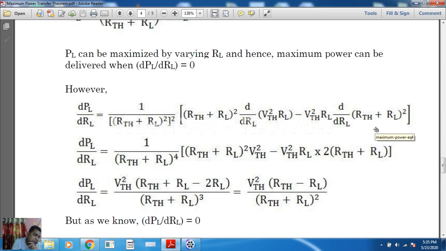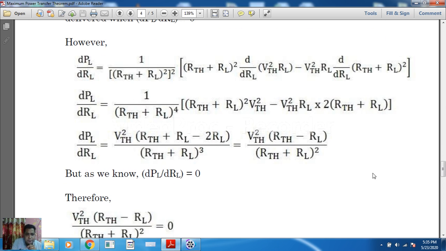The power 2 comes down, the power becomes 2 minus 1, that is 2 to the power 1, and the derivation of the inside RL gives us 1.